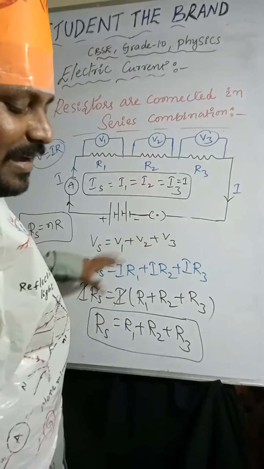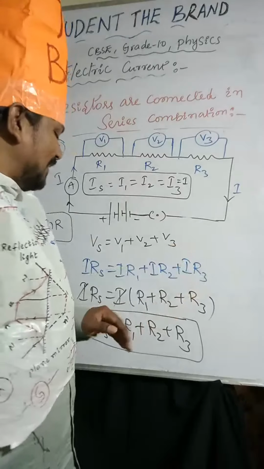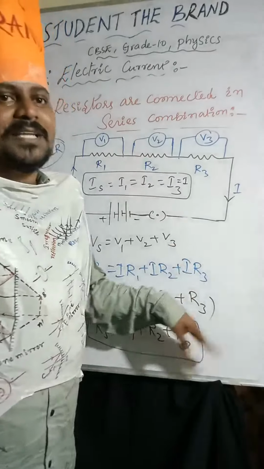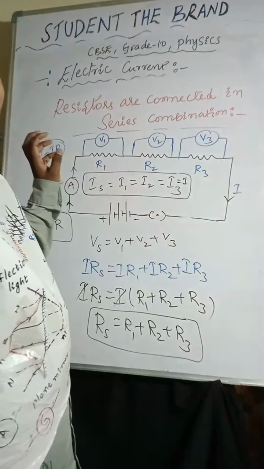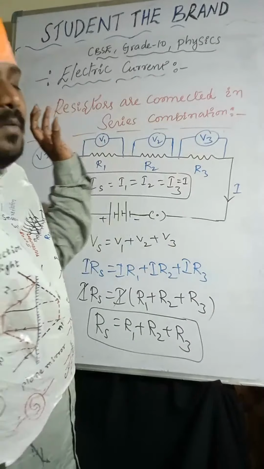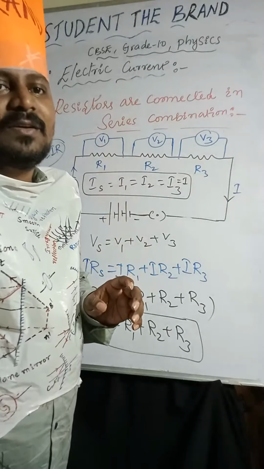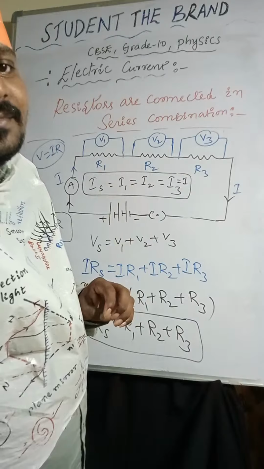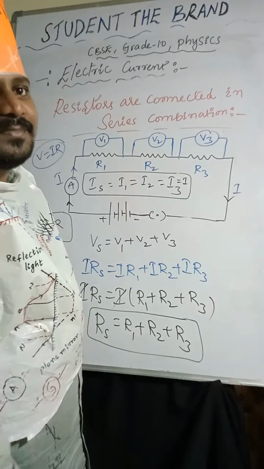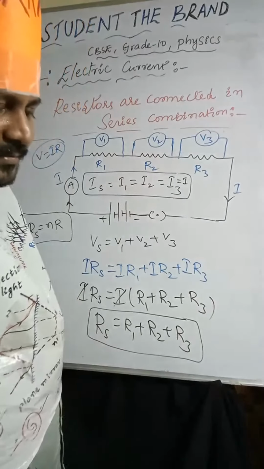I am taking I common, it gets cancelled, then Rs equals R1 plus R2 plus R3. I hope it is very clear. If n resistors are connected in series combination, Rs equals nR. Shall we go to the next one?